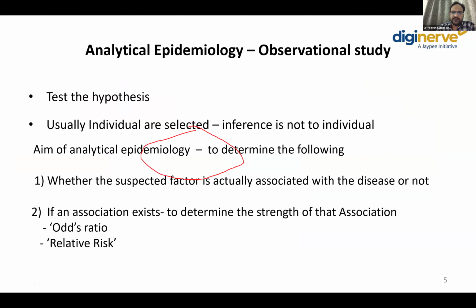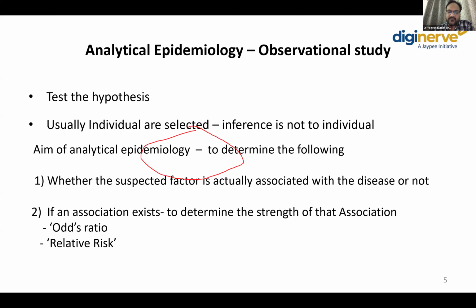Number one, what is analytical epidemiology? I already told you that analytical epidemiology is used to test the hypothesis. Okay, and we select individual persons to participate in that study.